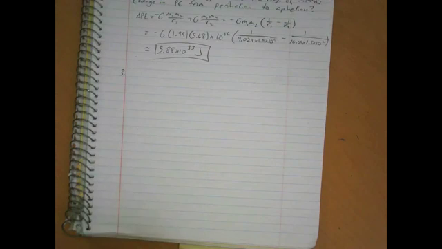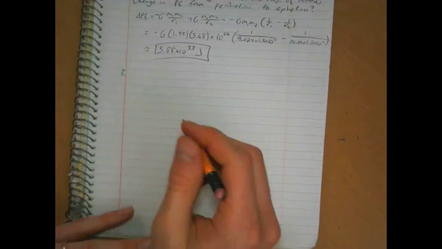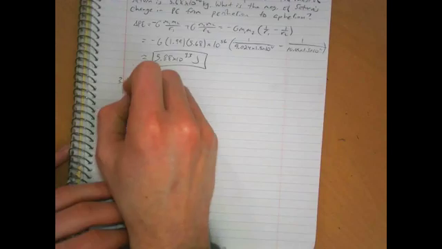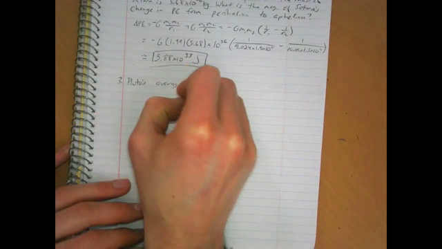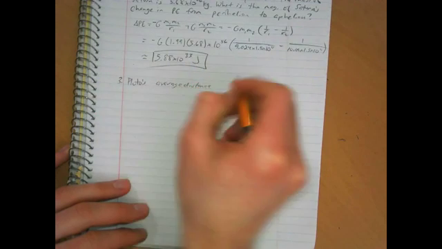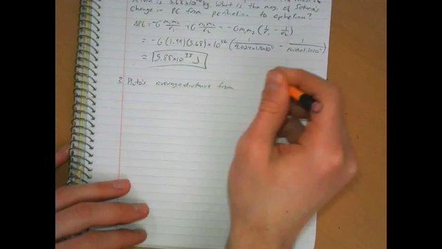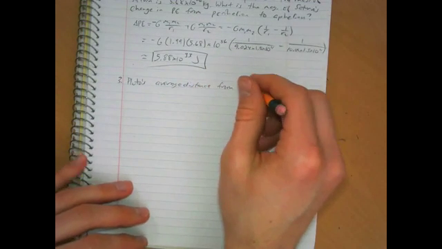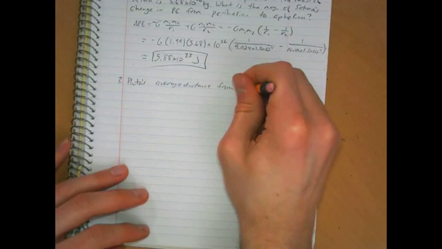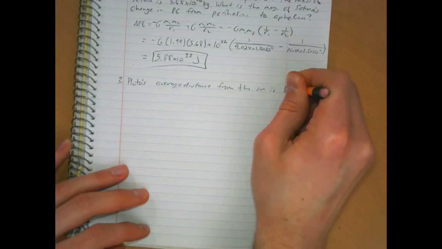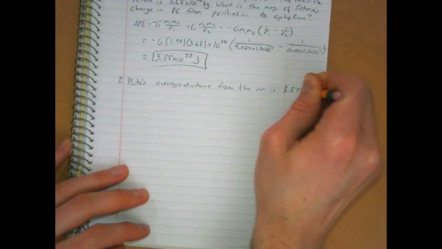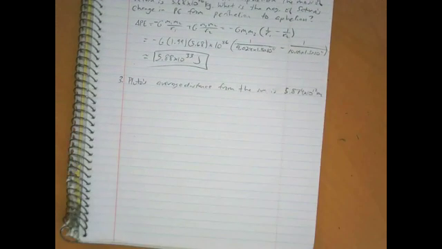Sorry. So, say for example, Pluto's average distance from the sun is 5.874 times 10 to the 12th meters.